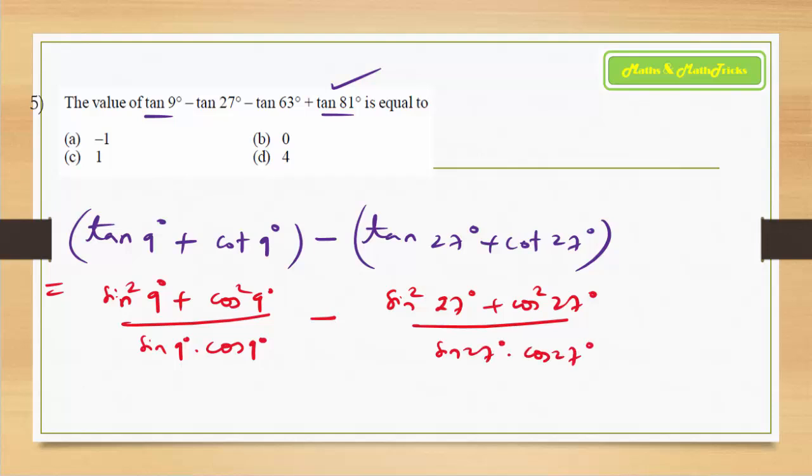When you simplify, the numerator is 1, so you get 1 upon sine 9 cos 9. When I multiply and divide by 2, it becomes 2 sine 9 cos 9, which is sine 18 degrees. Minus 1 upon sine 27 into cos 27, multiply and divide by 2, it becomes sine of 54 degrees, because 2 sine A cos A is the formula of sine 2A. So this is what you got.